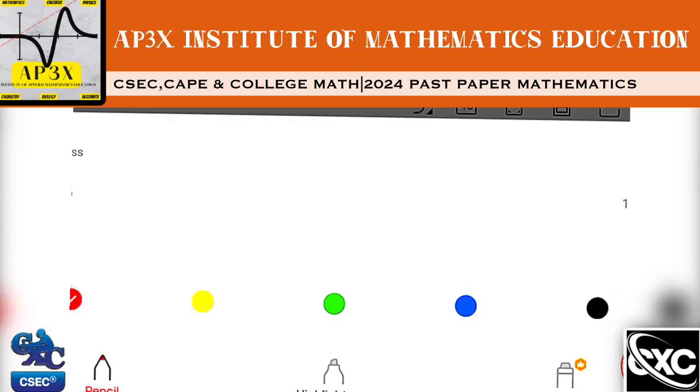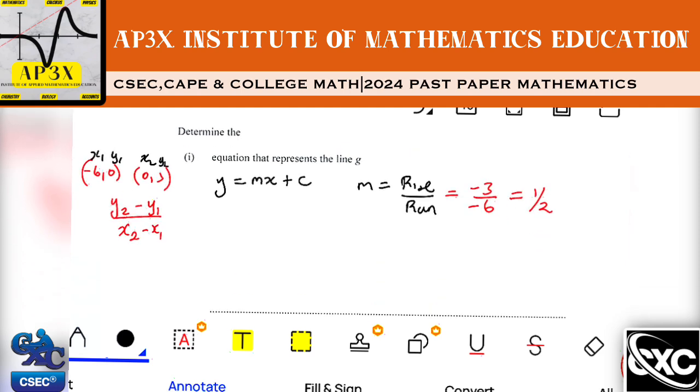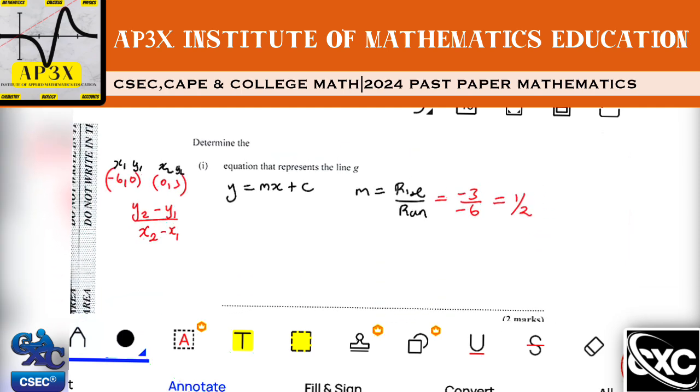So we could go ahead then and label our points then as x1 y1 and x2 y2. So just looking at both options here, guys. So then what we're looking at then is, say here, y2 is 3 minus y1 is 0 over x2 is 0, take away x1 is negative 6. So therefore we end up with 3 take away 0 is 3 and 0 take away negative 6 is 6. So that still works itself out to be equal to a half.